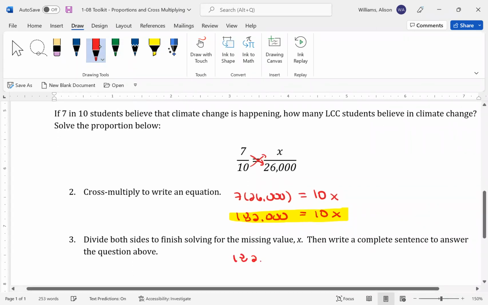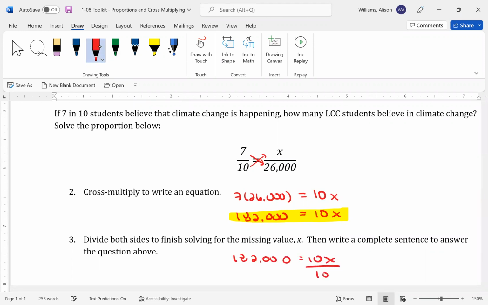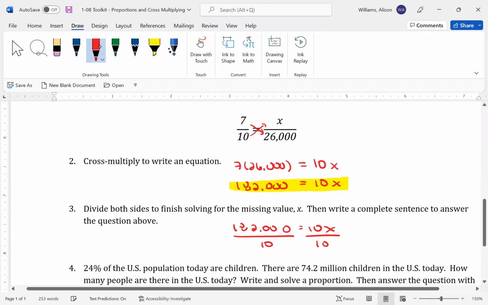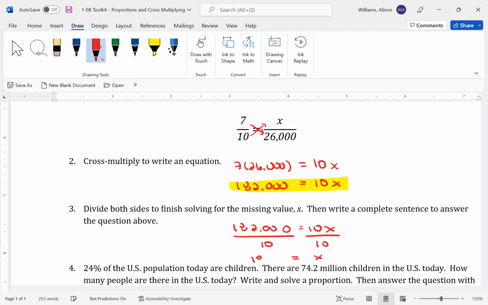Let me rewrite it because we don't have space. Divide by 10, divide by 10. So that comes out to 18,200. So that's how many students we'd expect to believe that climate change is happening at Lane Community College.